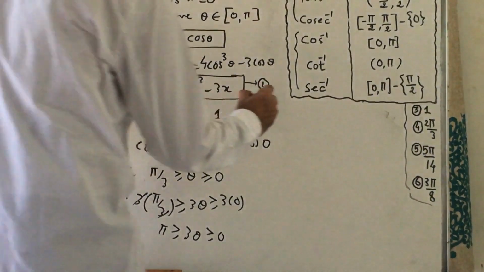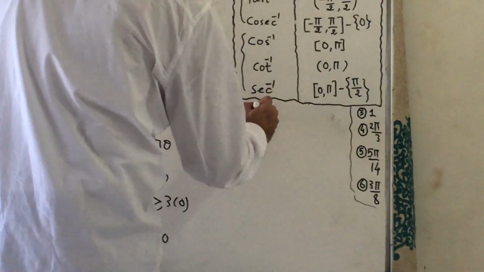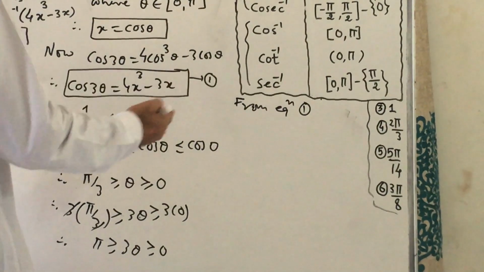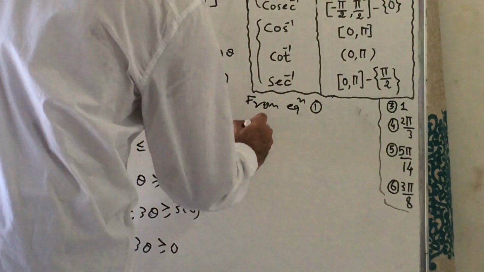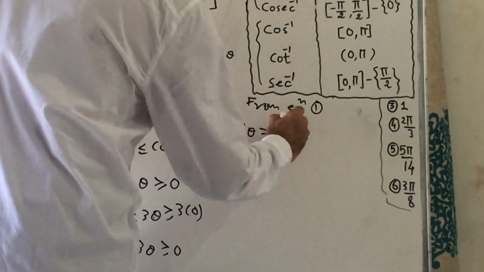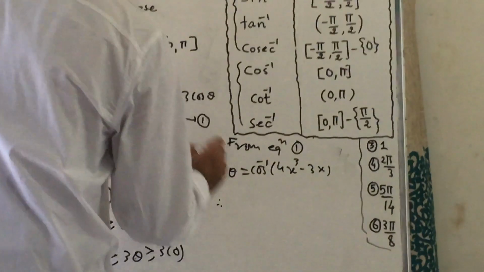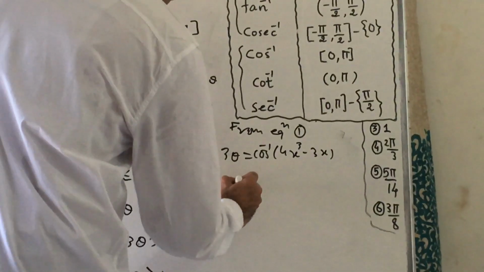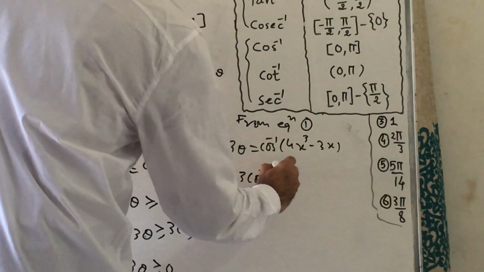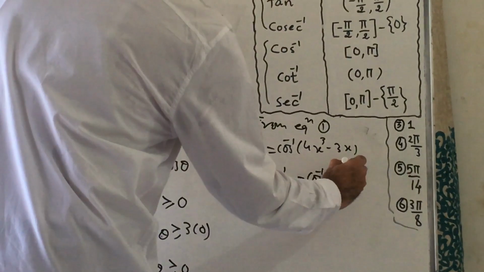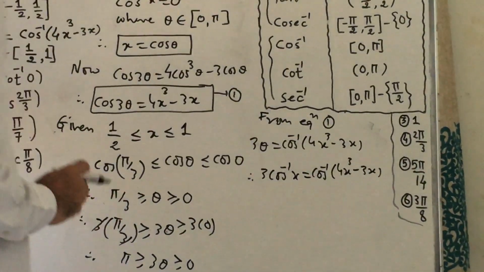So from equation 1 we can bring cos there, and so 3 theta will be equal to cos inverse of 4x cube minus 3x, putting the value of theta that we have supposed. So 3 cos inverse x equals cos inverse of 4x cube minus 3x, hence proved.